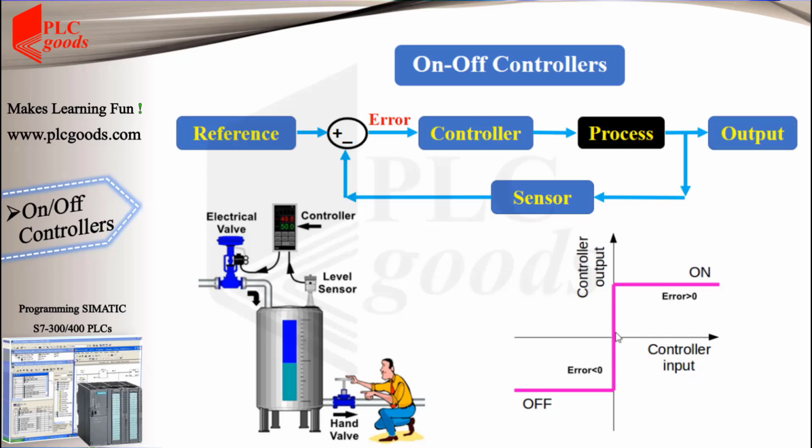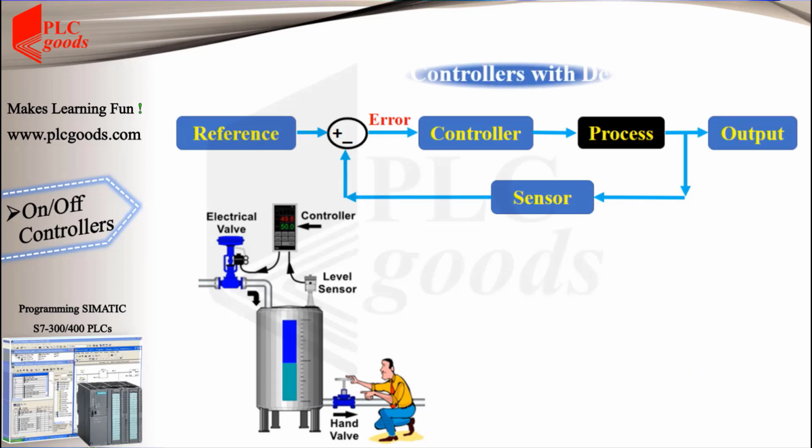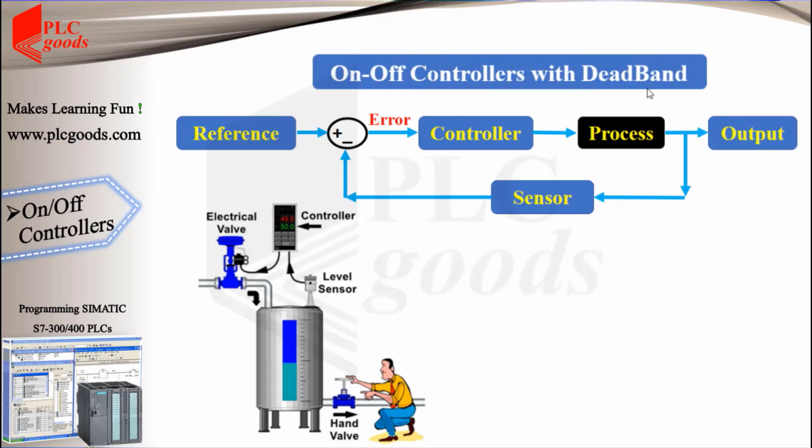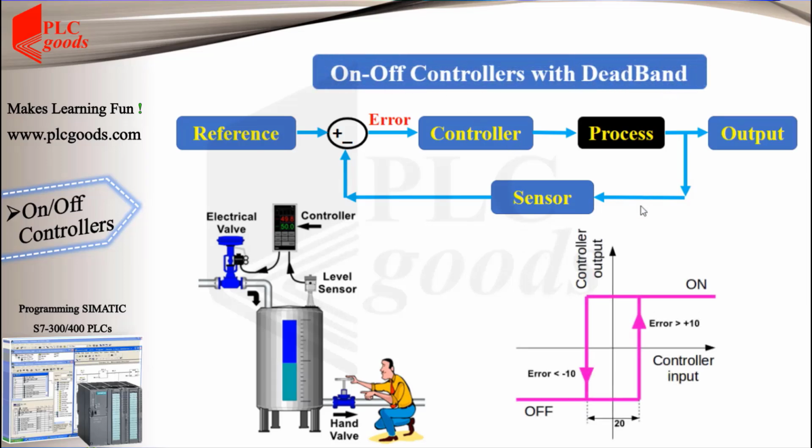Turning an electrical device on and off continuously is very harmful and decreases its useful operating life. That is why we usually implement on-off controllers with a dead band. Therefore, the PLC didn't have to try to keep the water level at a certain level.